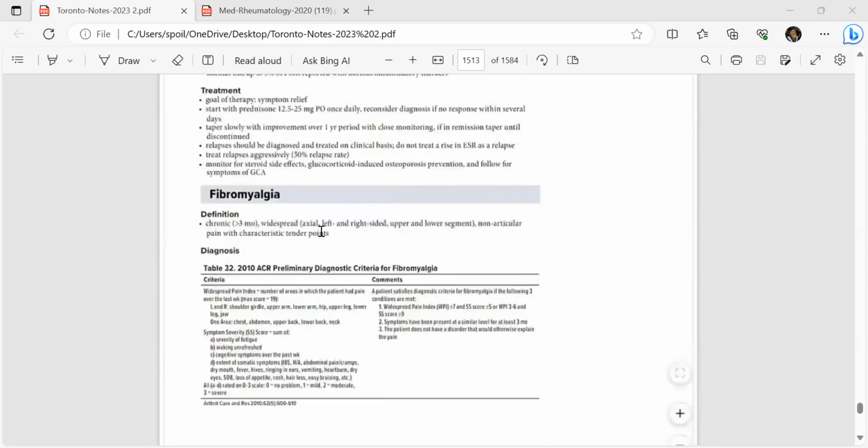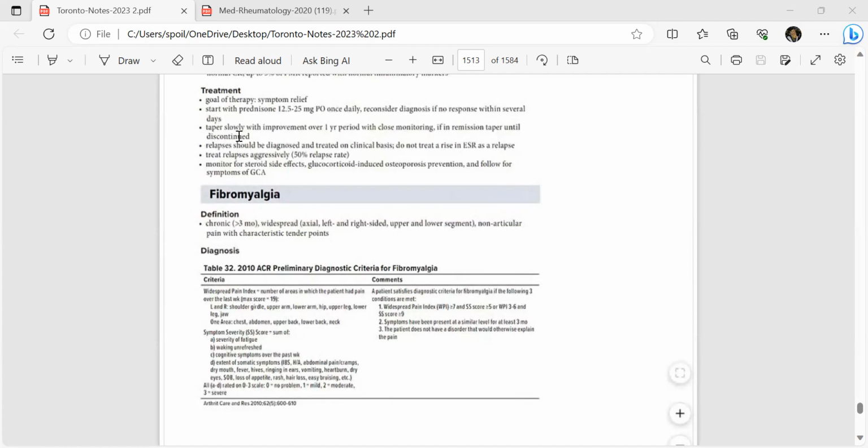So the goal of the treatment is to relieve the symptoms. We will initially start with prednisone once daily, and reconsider the diagnosis if there is no response within several days, which means that it will improve. It will improve with prednisone, and we taper slowly with improvement over a 1 year period with close monitoring.